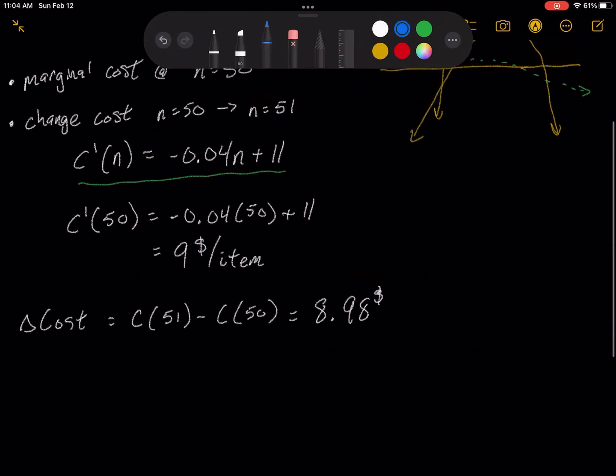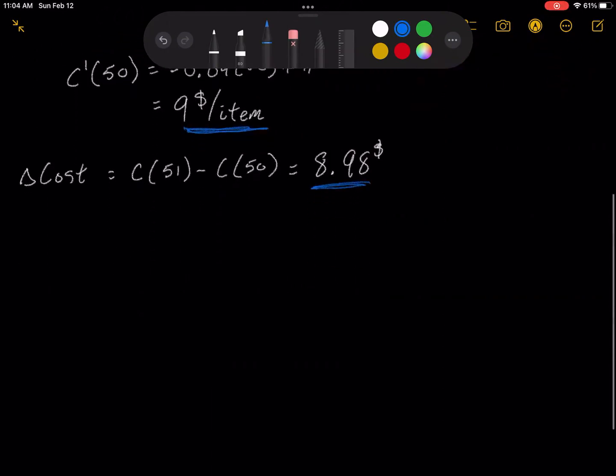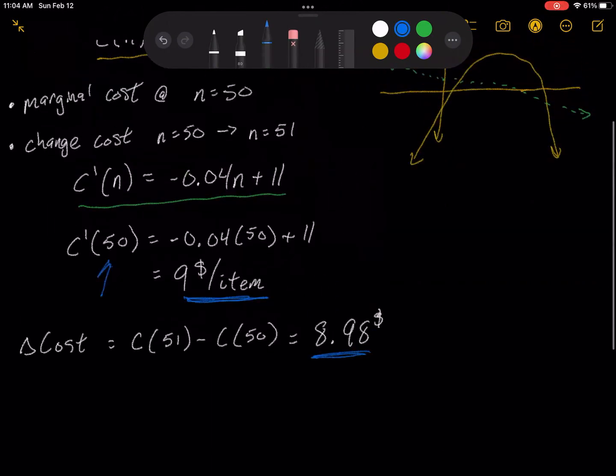So notice the similarities between these two numbers. Your derivative at 50 items was $9 per item. So your cost is increasing at a rate of $9 per item. And in fact, you see that with your original cost function. As you go from selling 50 items to 51 items, your cost increases $8.98.